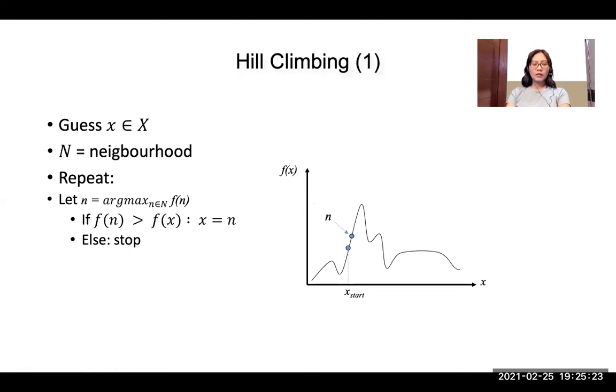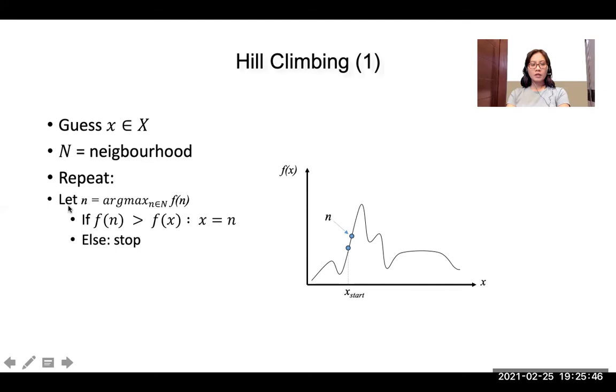Okay, as the opposite of valley finding, there is an algorithm called hill climbing. You keep climbing up until you find the peak point here. So you need to guess what is the x, an element of X, and then your neighborhood.